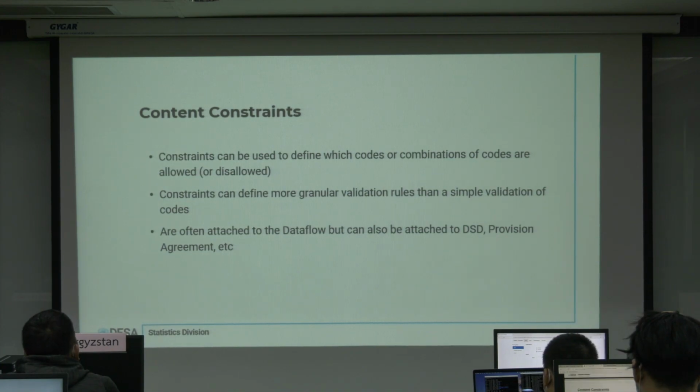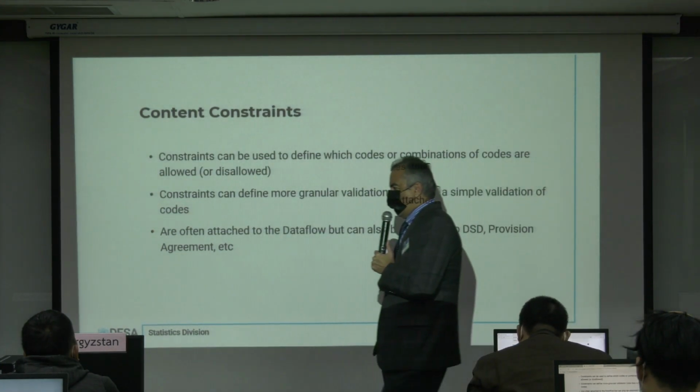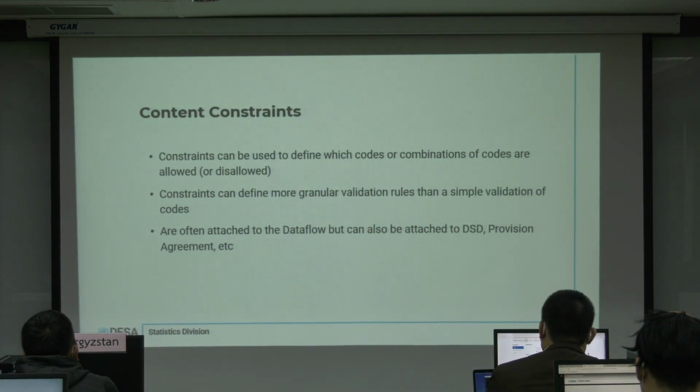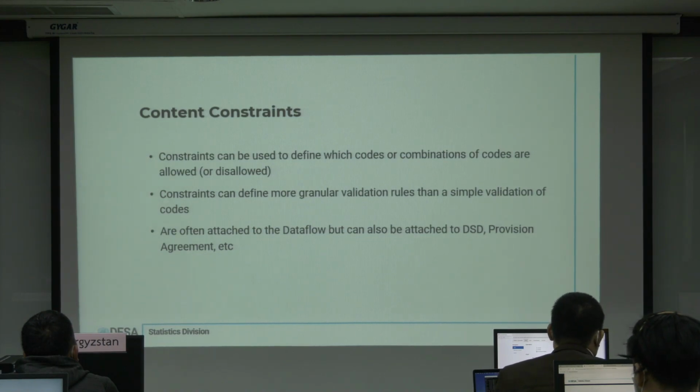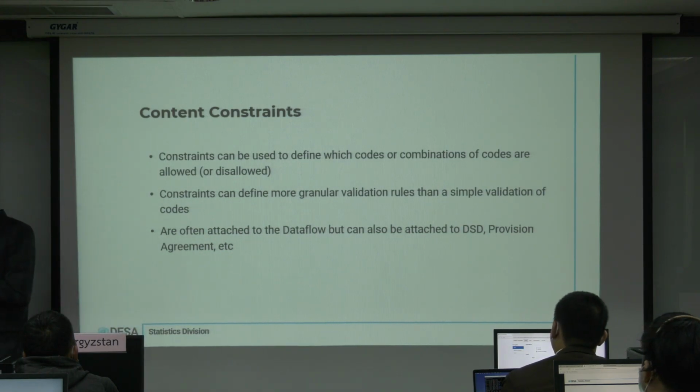Okay, so I said before that you can have a data flow for goal 5, and if someone tries to report an indicator for goal 6, then that indicator will not work against that data flow, and it will be rejected.